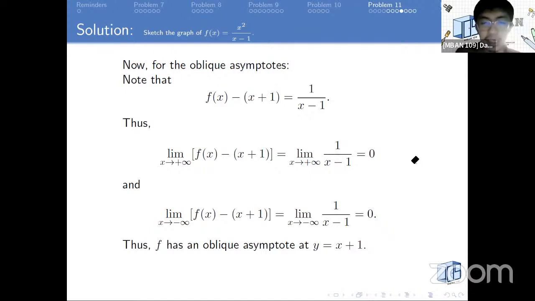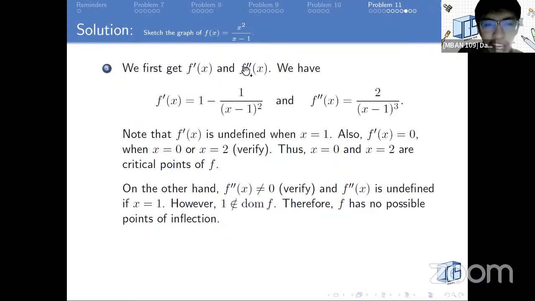So yun, next slide, kukunin natin yung f prime of x at f double prime of x. So yung f prime of x equals 1 minus 1 over the square of x minus 1, and f double prime of x equals 2 over the cube of x minus 1.